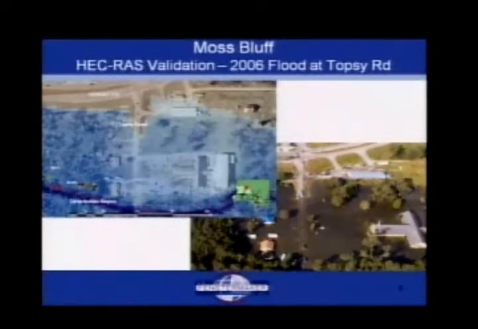And you can see that the model really did a good job of giving us the confidence that it is a tool that can be used to assess the different alternatives, give us good, accurate ideas of whether a solution will work or not, how much it's going to cost, and how much benefit we will get out of these potential solutions.